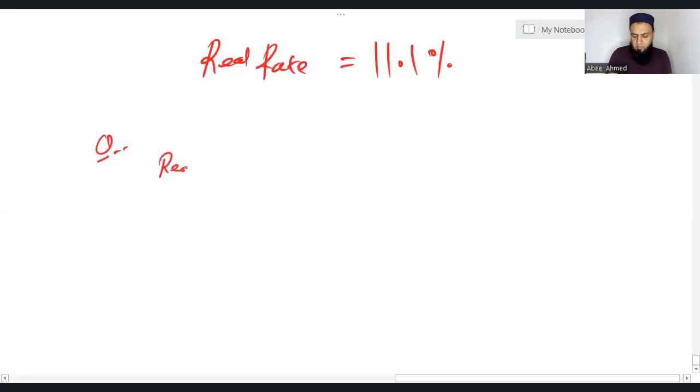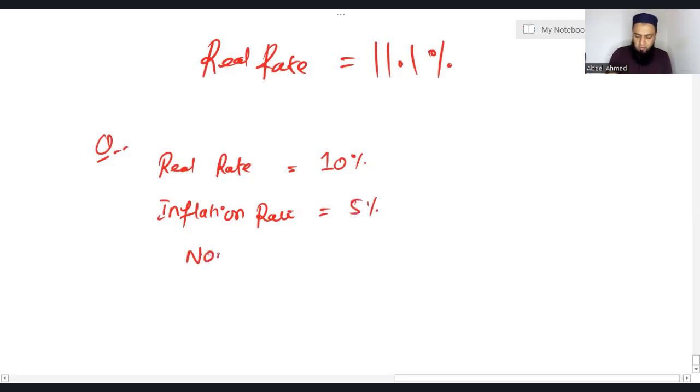Assuming the real rate is 10% and the inflation rate is 5%, you just need to calculate the nominal rate.